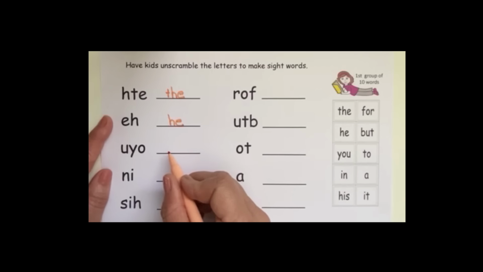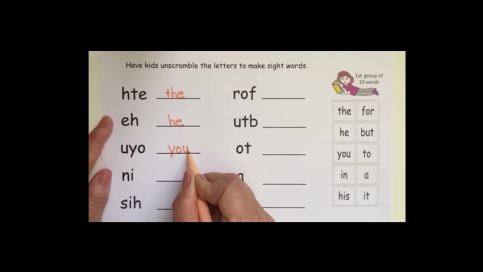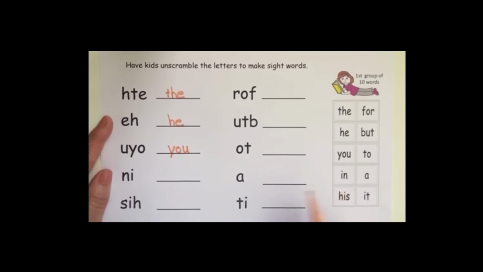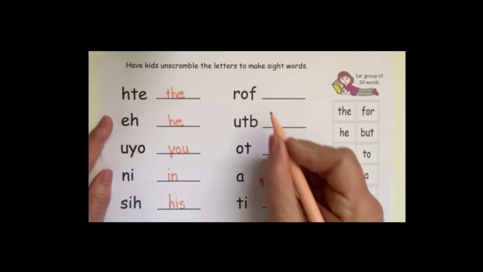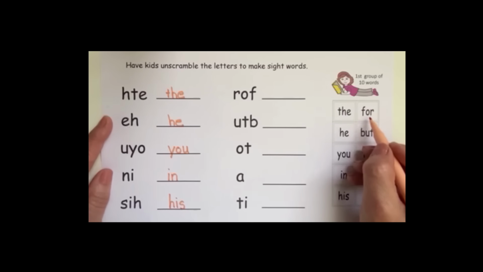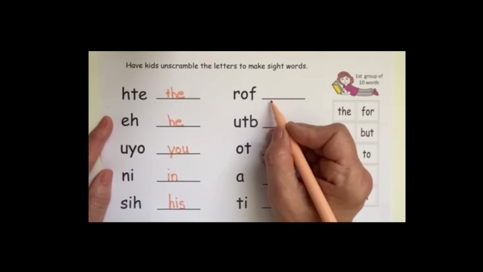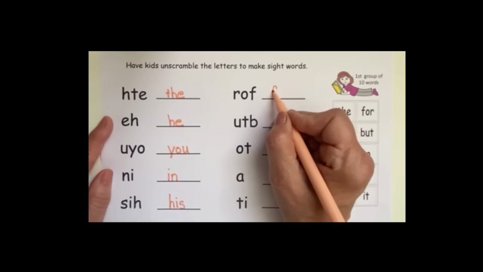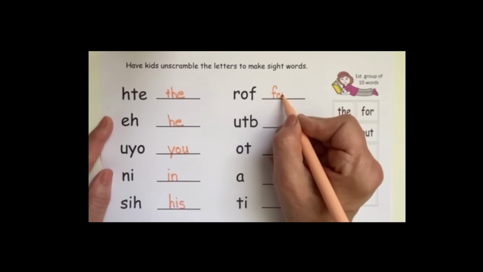Then we go to you, Y-O-U. Next we go to in, 2 letters, begins with an I and then an N. Then our last one for this column is his, H-I-S. Then we go up here, which matches this word, for, and that's a word we're going to make here. Begins with an F-O-R.